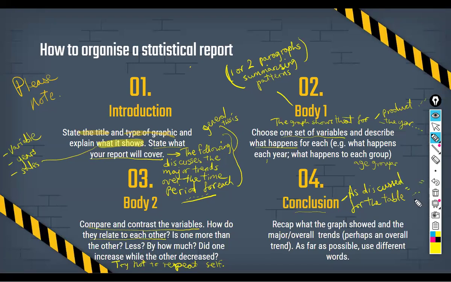And then summarize your findings. Overall, sales increased, or sales decreased, or there was a fluctuation. It can only be those three things. It could either go up or down or fluctuate. So if you look at from year 1 to the final year, what happened? But again, we have to be careful not to repeat, to use different words. Avoid repetition.